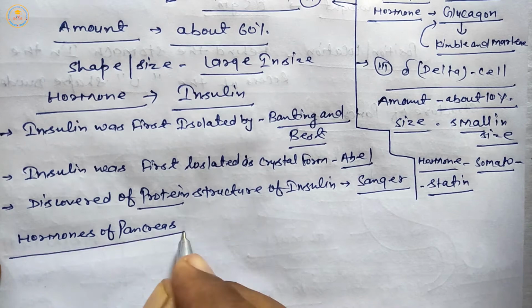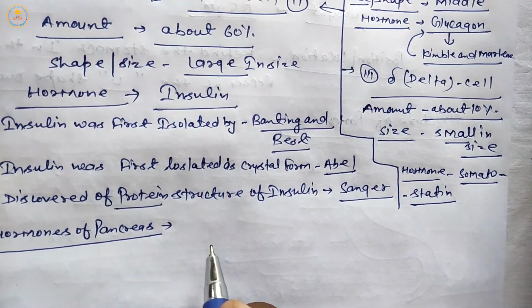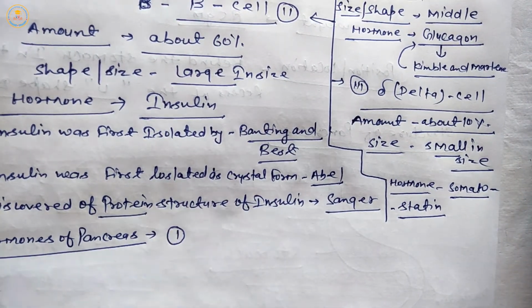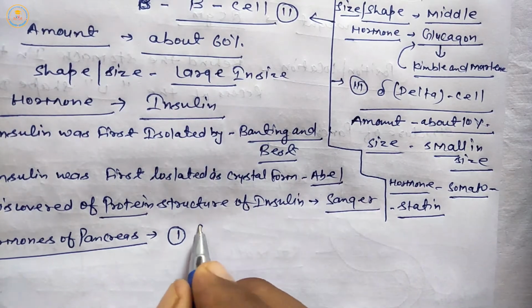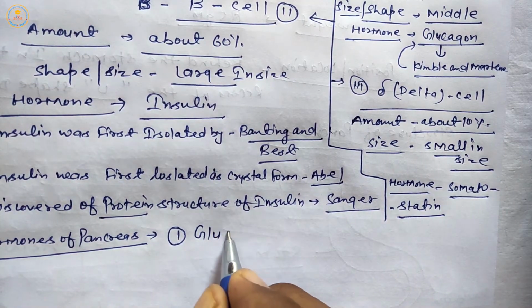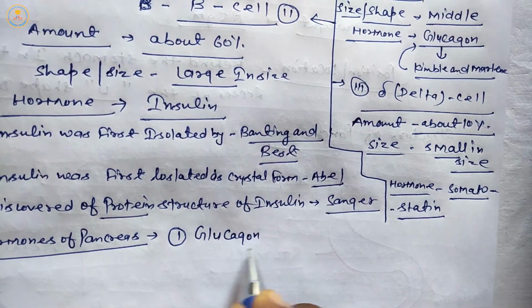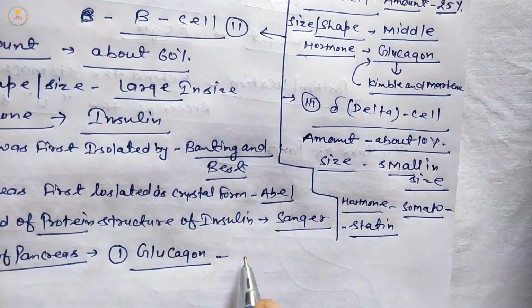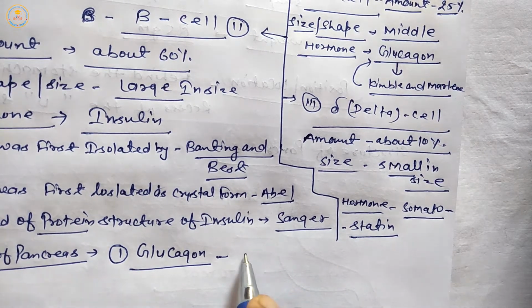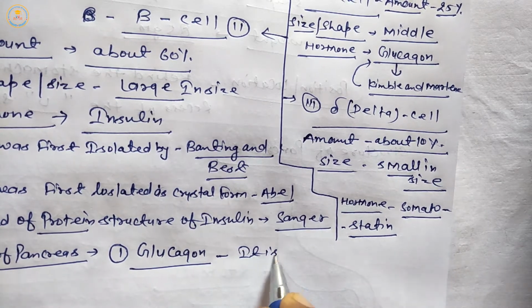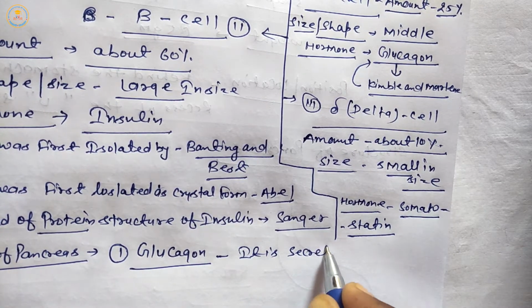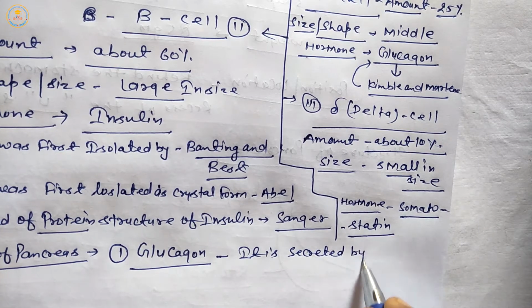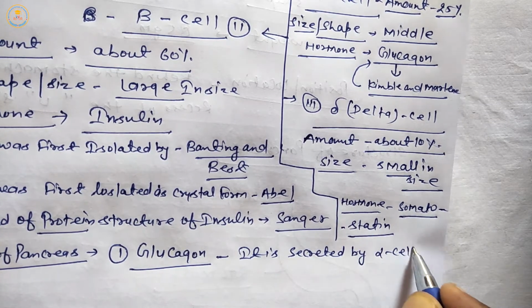Students, mostly the pancreas gland secretes 3 hormones. First is glucagon. It is secreted by alpha cell.